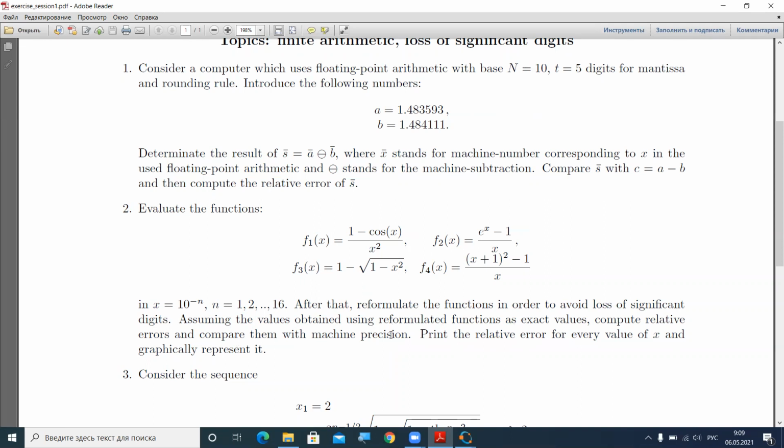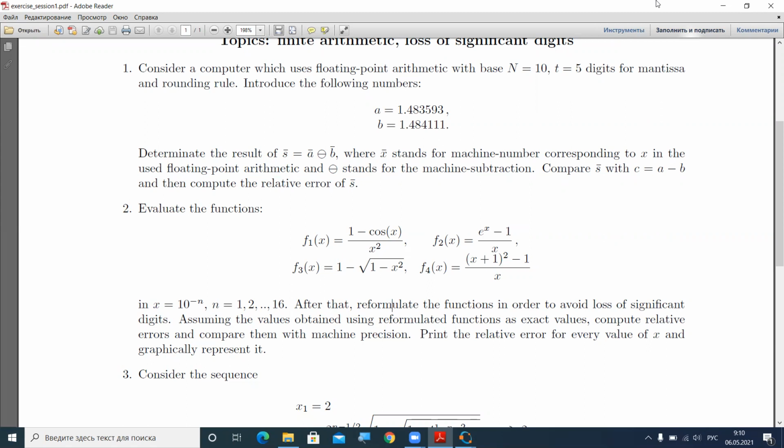So here we have this function, for example, and how do we reformulate it?